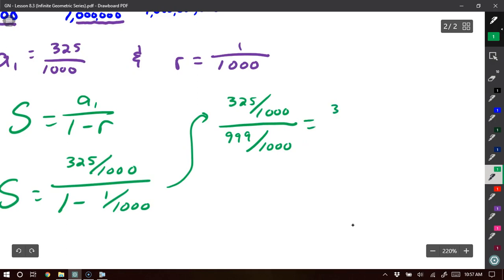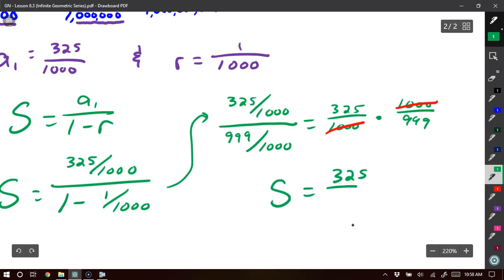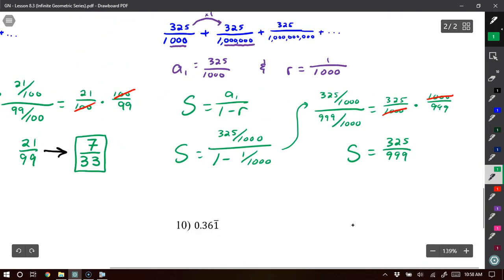Dividing by fractions, you keep the numerator, flip the denominator, so 1,000 over 999, and multiply. I have a 1,000 on the bottom and a 1,000 on top, and those cancel, and I get a sum of 325 over 999, which cannot be simplified, so it's going to stay as is.